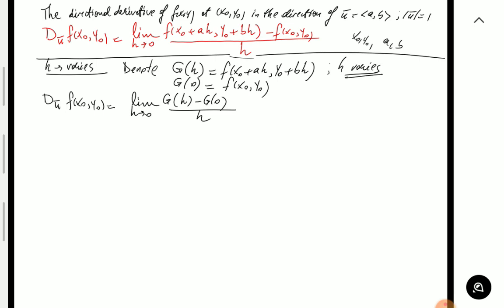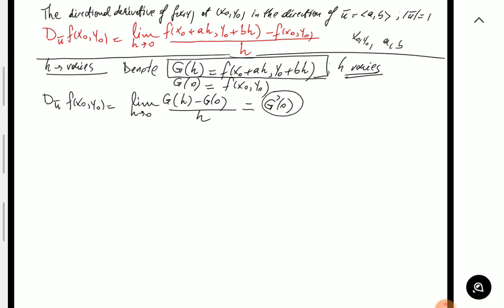So I hope you realize, after you thought about it for a moment, that this is basically by definition nothing but g prime of 0. So I'm supposed to basically differentiate g with respect to h and then evaluate that derivative at 0, and that will constitute the directional derivative at the point x naught, y naught.